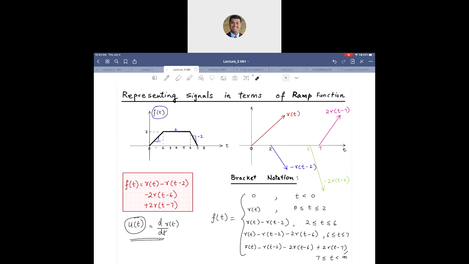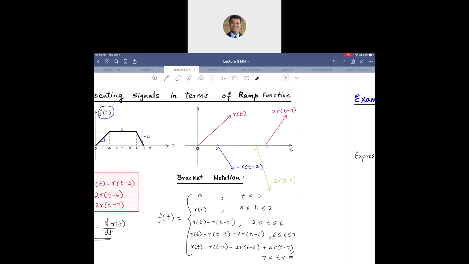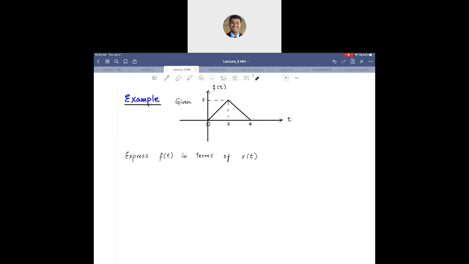All right, let's keep moving here. Another quick example, now that we have gotten a little bit comfortable with manipulating the slopes, let's take a look at another example here. f of t is given to us. It's a triangle looking waveform.